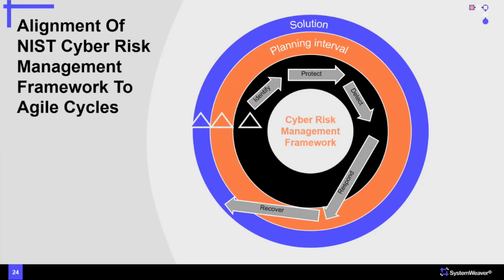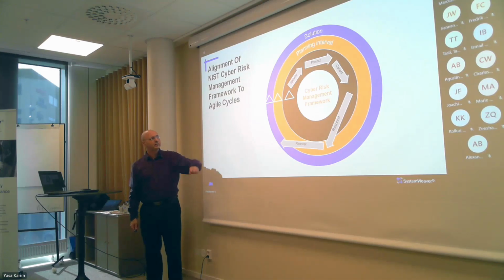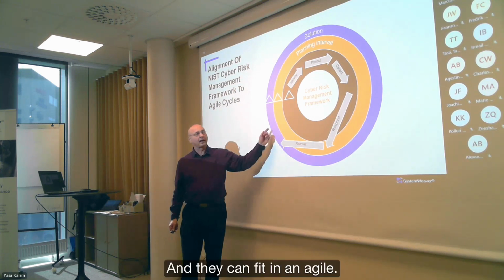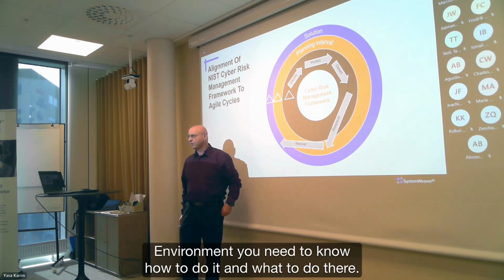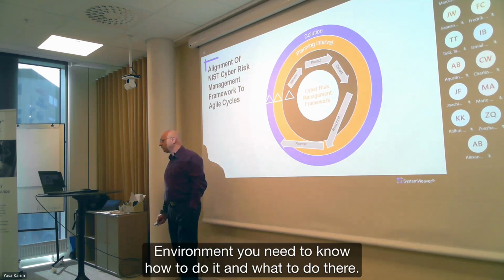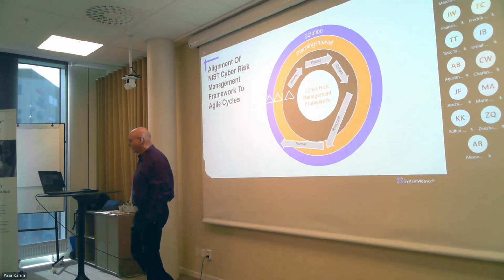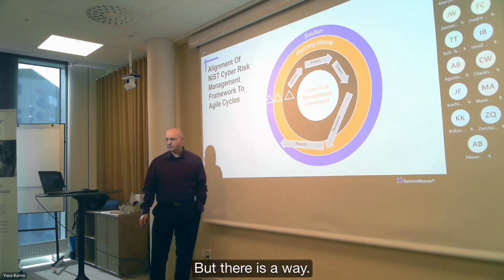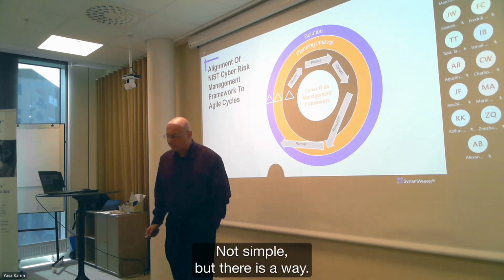So those are the NIST items: identify, protect, detect, respond, recover, and they can fit in an Agile environment. You need to know how to do it and what to do there. But there is a way. Not simple, but there is a way.